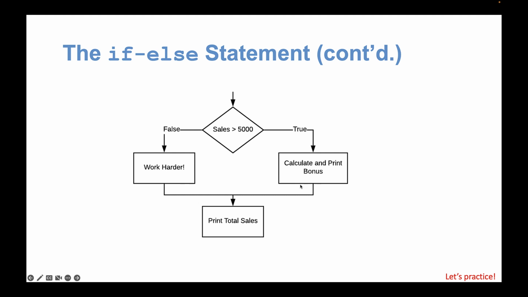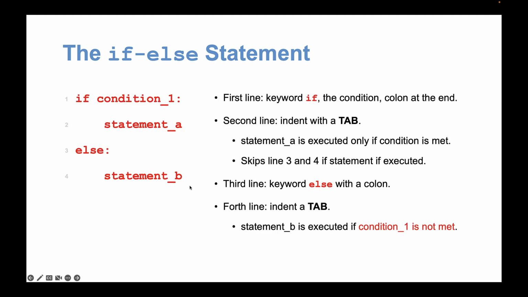Okay, so how do we do this? In addition to the if statement, we use else. The first line is going to be if and the condition that we set, using the colon. In the second line we use indentation again. And the third block is going to be else.